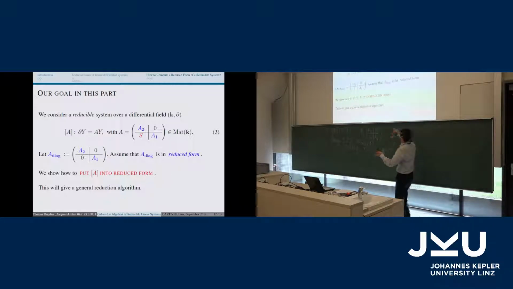So if I do this Weil-Norman decomposition and I look at the Lie algebra generated by this, I get the Lie algebra of the Galois group of that system. And now we'll see how, if we know that, we can put that into a reduced form, and somehow I'll show how it gives a general reduction algorithm.